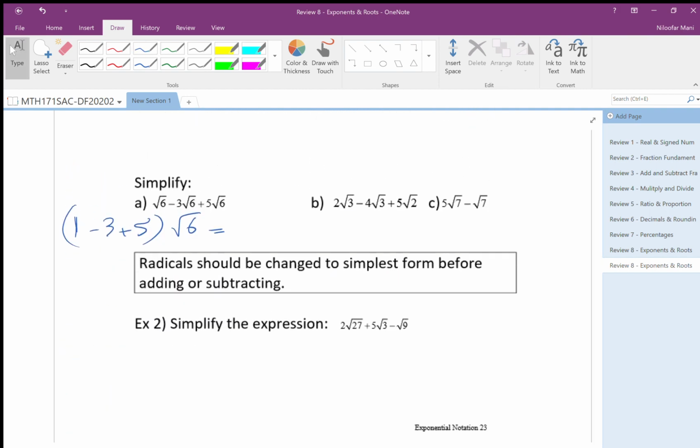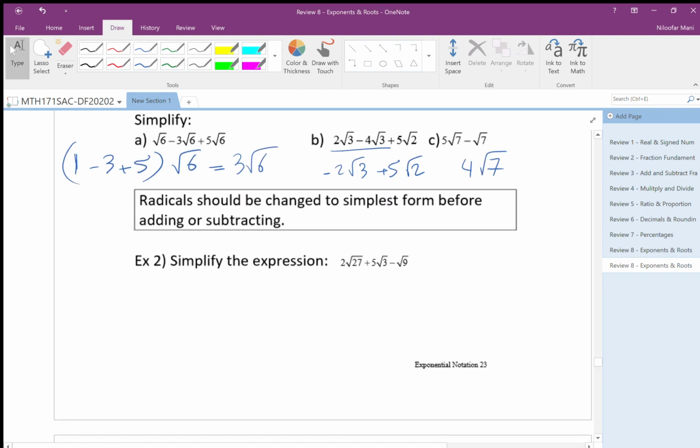Okay, so it is minus 2 plus 5, so it's 3 radical 6. How about here? This and this I can add, this one no. So it is minus 2 radical 3 plus 5 radical 2. Can I add them? No, they are not like each other. One of them is an apple, one of them is an orange. How about this one? 4 radical 7, yes.